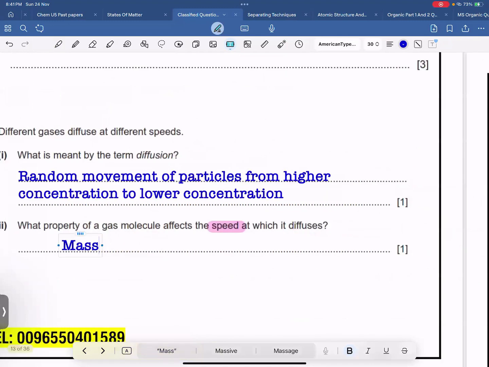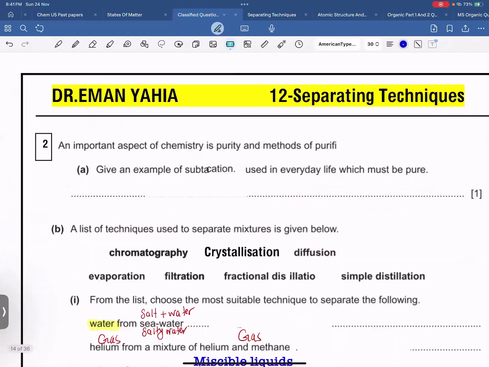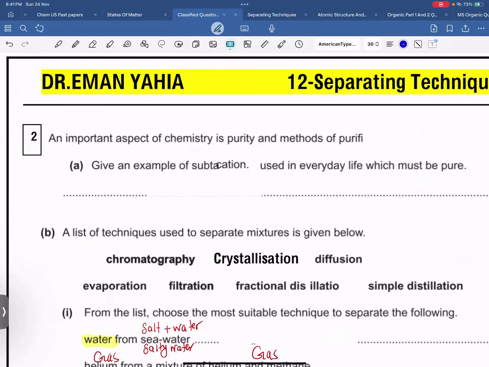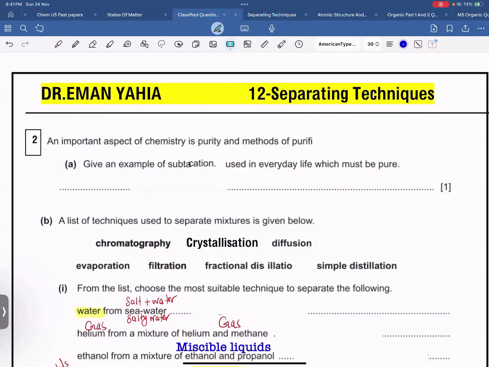Then, some questions for separating techniques. We did questions for states of matter, which is a very simple topic. For separating techniques, an important aspect of chemistry is purity and method of purification. Give an example substance used every day in life.